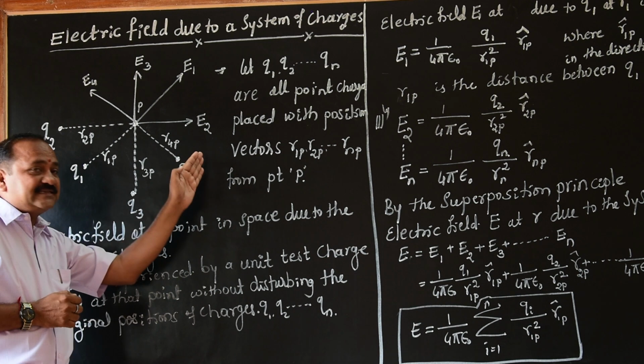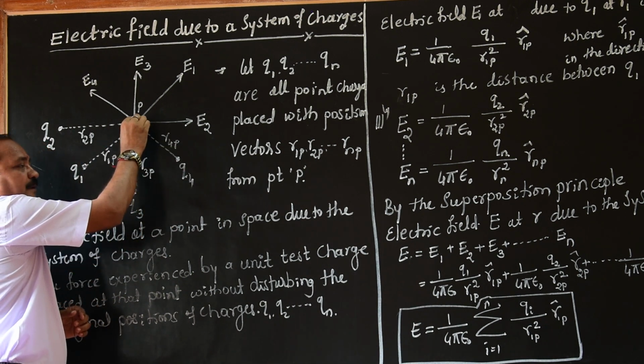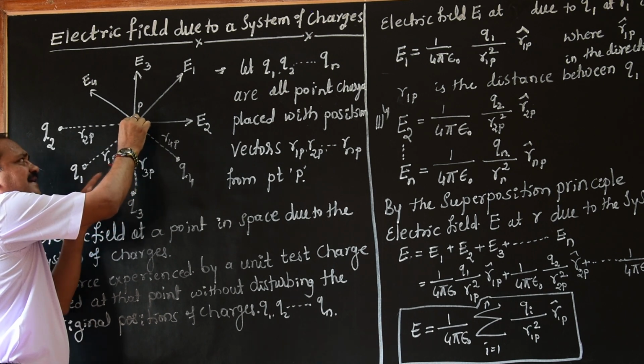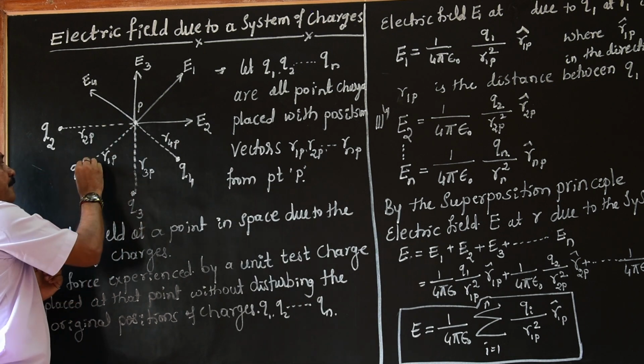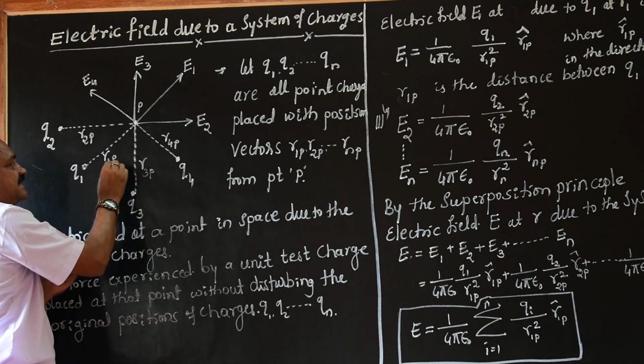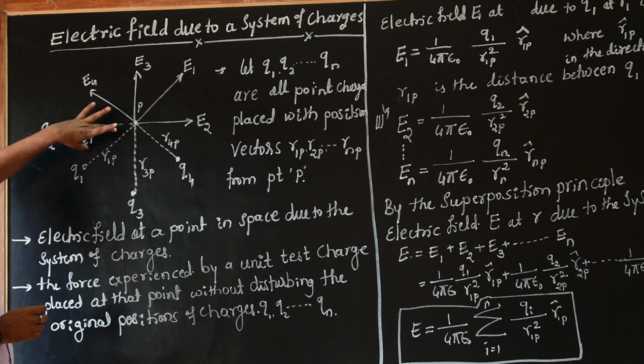See, exactly the same thing. This is the point charge Q1, and this is the point P. You may consider the test charge here, a unit positive charge, separated from Q1 by the distance R1P. What is the electric field between these two?